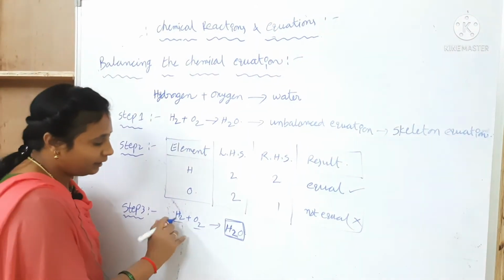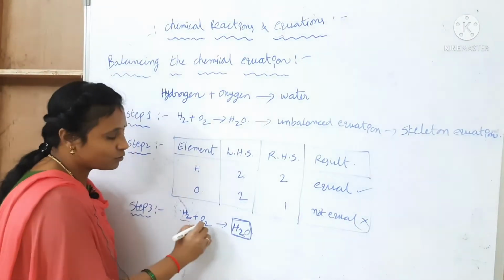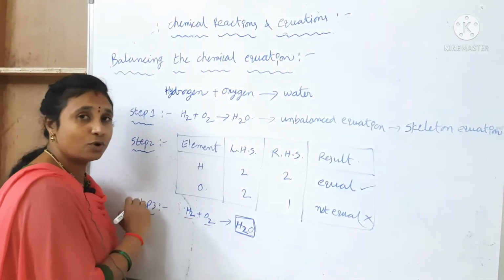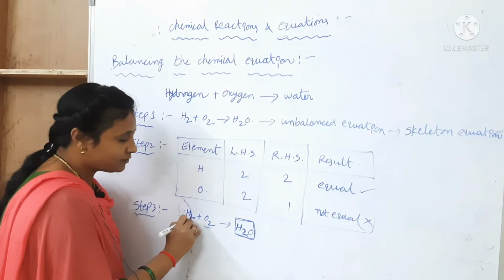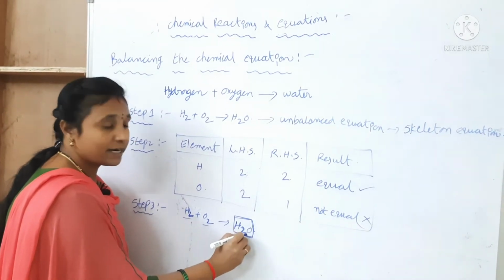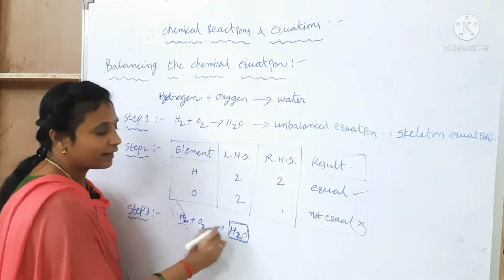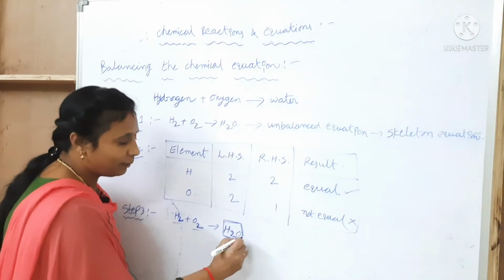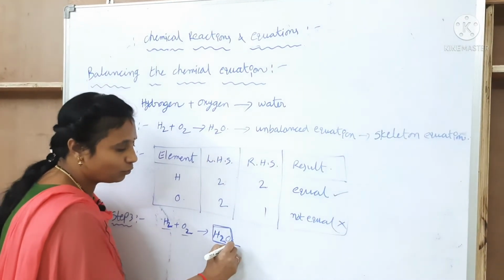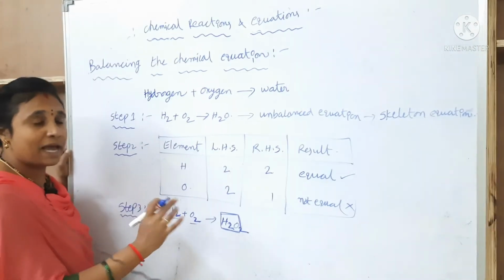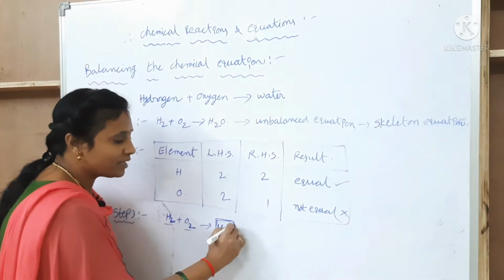Here hydrogen: left side 2 atoms, right side 2 atoms. Next, oxygen: left side 2, right side only 1. If I take oxygen as 2 on the right, the equation is balanced, but the compound name is changed.